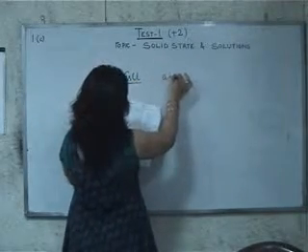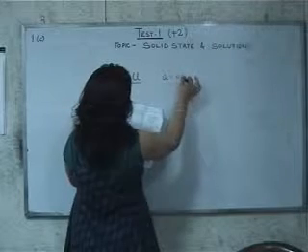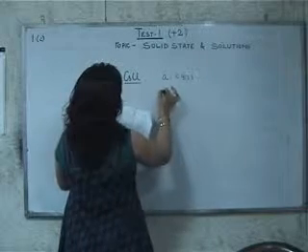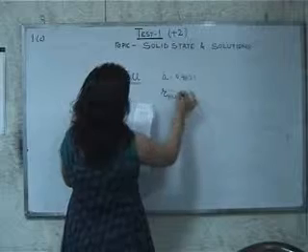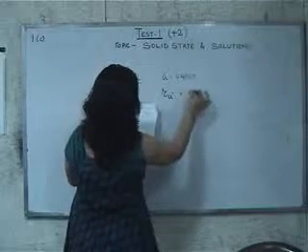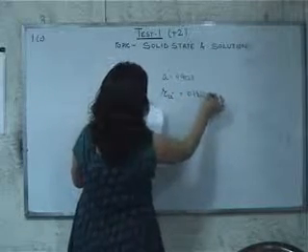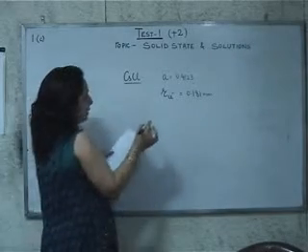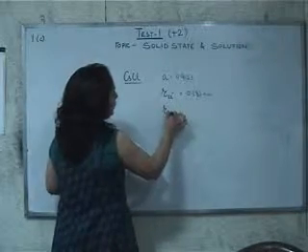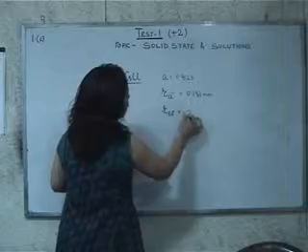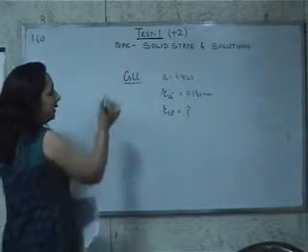A is given to you as 0.4123. Radius of chloride is given as 0.181 nanometer. And our question is, calculate the radius of cesium 1 positive ion. This radius we want to calculate.